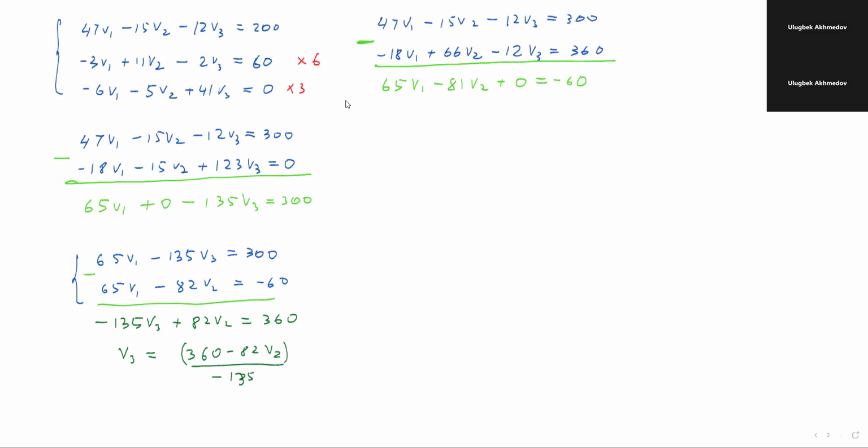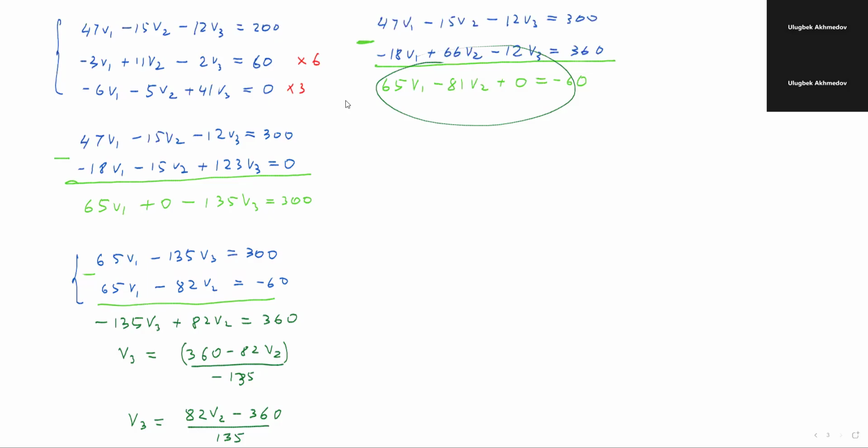Or we can rewrite it so it doesn't look so weird: 81V2 minus 360 over 135. So we know V3 in terms of V2, which we can then plug into one of the two equations where we have V2.